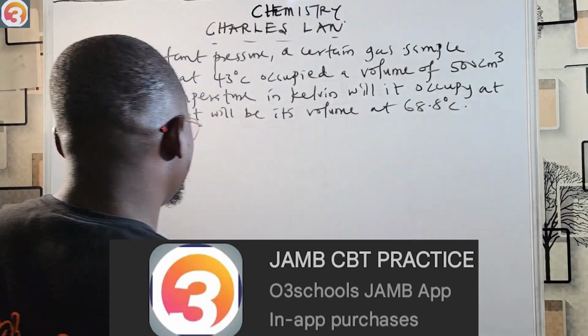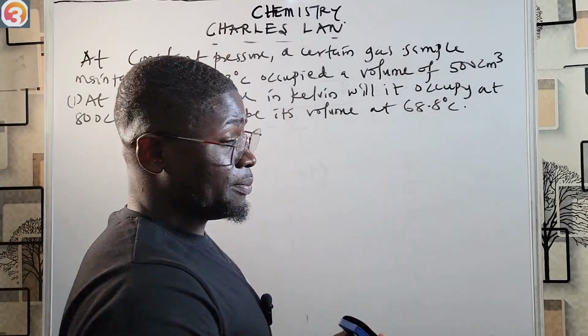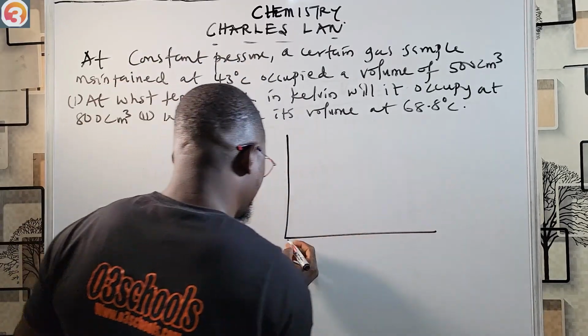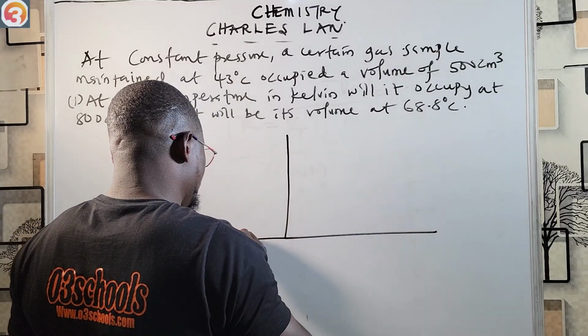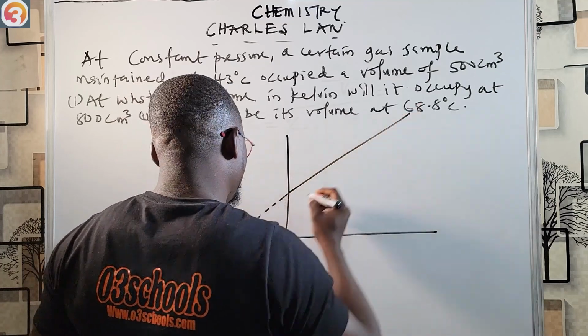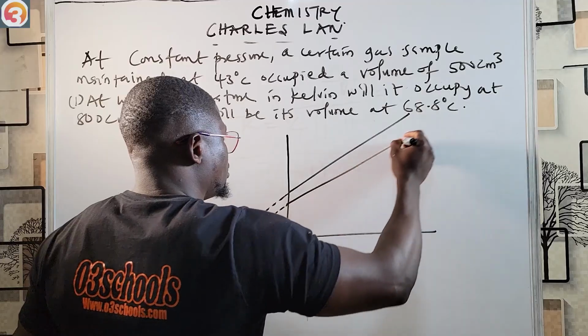So let's quickly do this. But before we do this, there's a graph. The graphical representation of Charles' law is very easy.